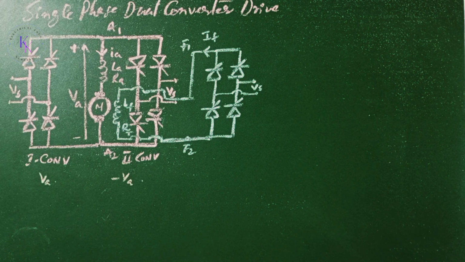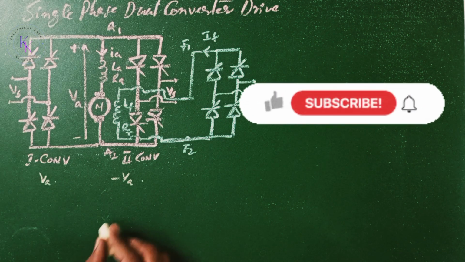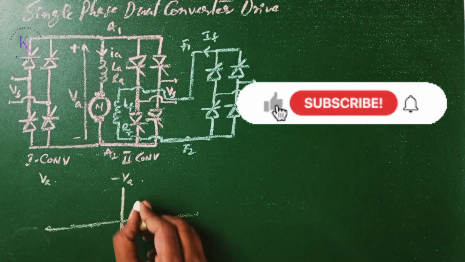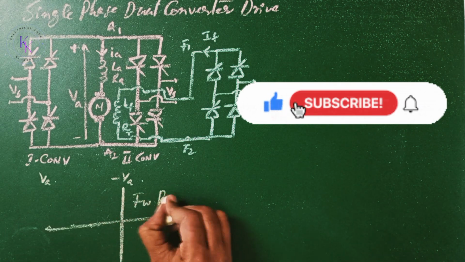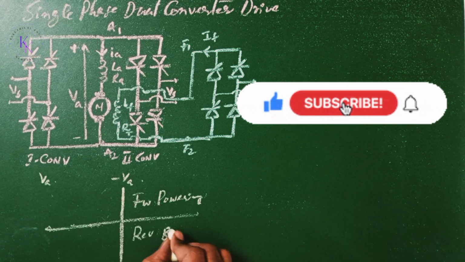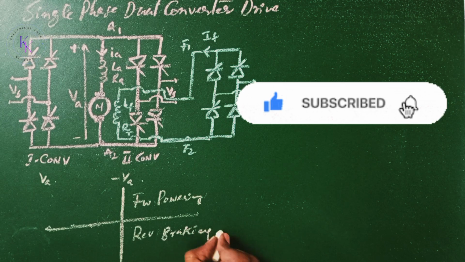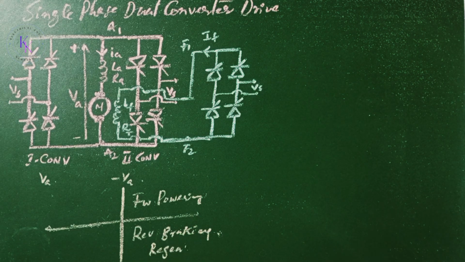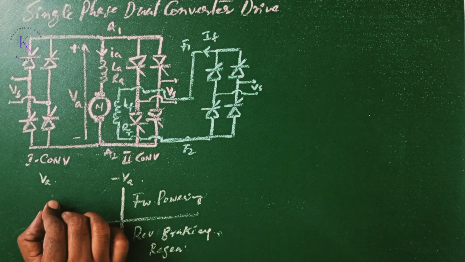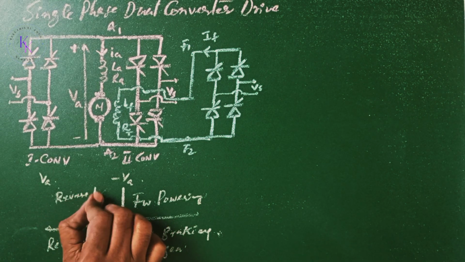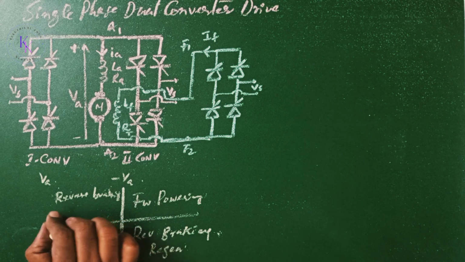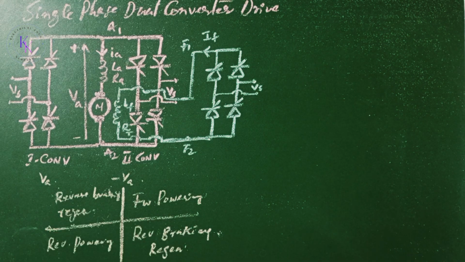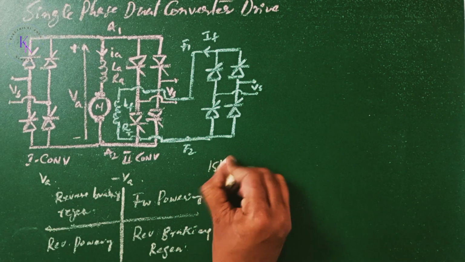It is a four-quadrant drive to permit four modes of operation. This is forward powering, this is reverse braking or regenerative braking, this is reverse powering, and this is forward braking or regeneration. It is limited to applications up to 15 kilowatts again.